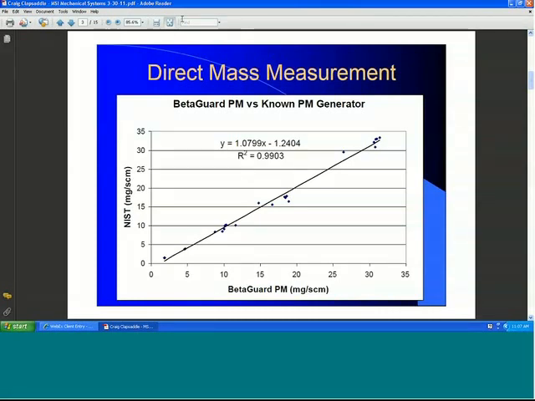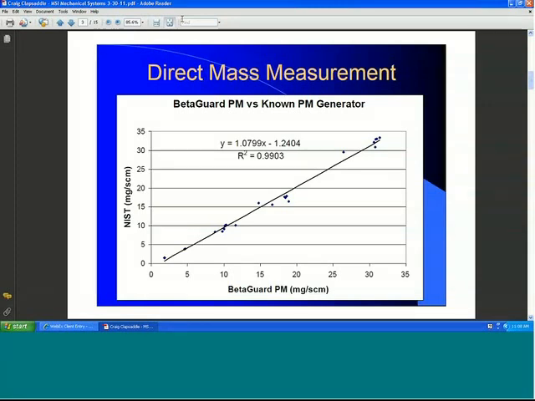I mentioned that the first bullet item is the BetaGuard is a direct measure of mass concentration, and we tested the instrument against a NIST particle concentration generator. We compared the BetaGuard concentration readings to the concentration generated by the NIST device, and we did about 28 test runs over 4 days over a range of concentrations generated by the NIST device from about 2 to about 34 milligrams per cubic meter.